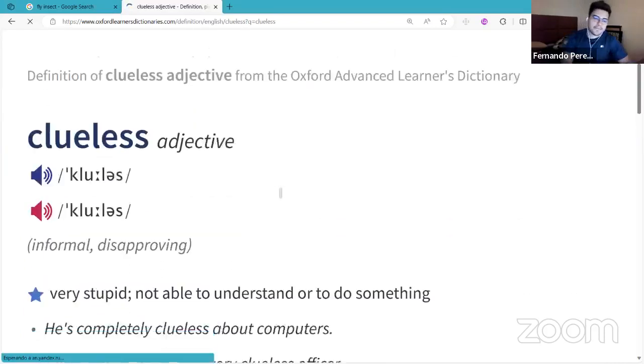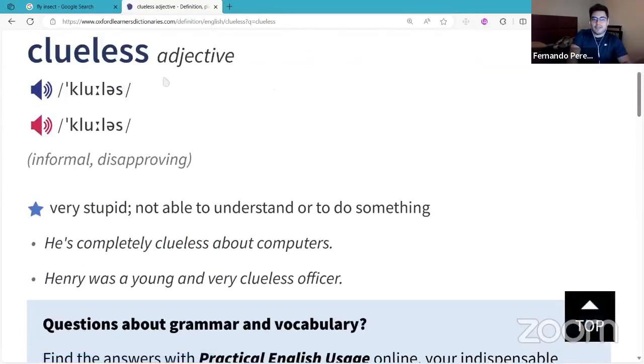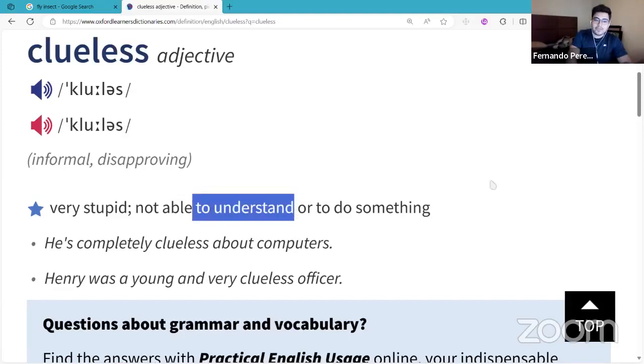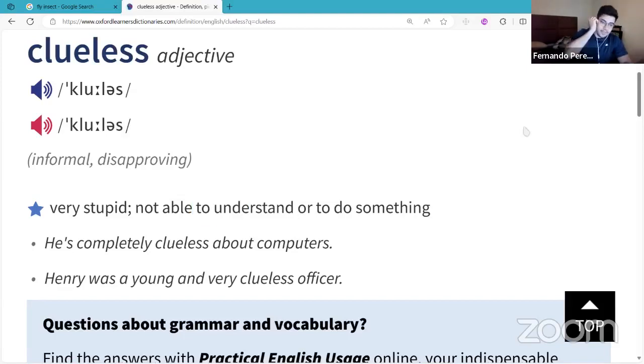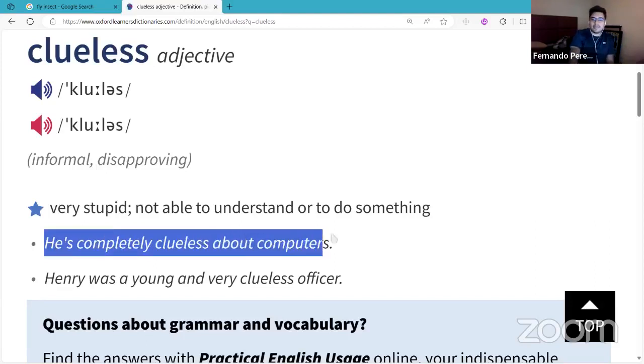There is another one. Clueless, which is similar to saying very stupid or not able to understand or do something. In a negative way, we can use it for a person that doesn't have the ability to do something. He's completely clueless about computers.